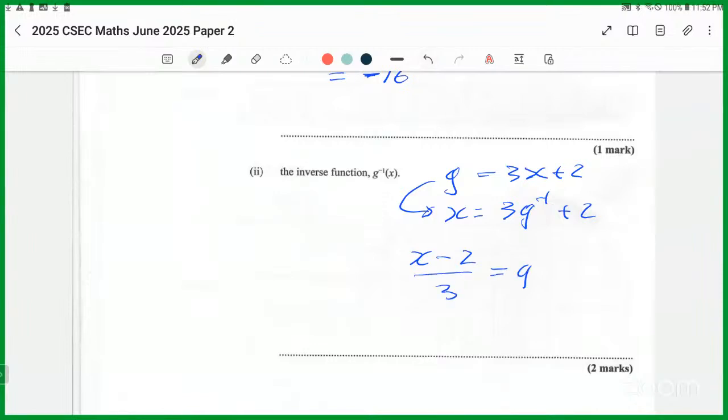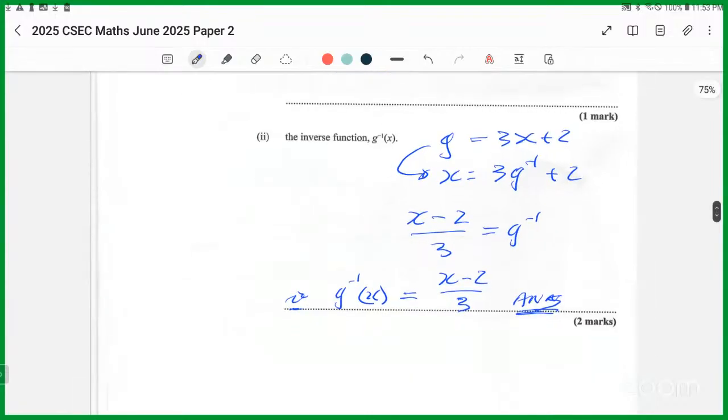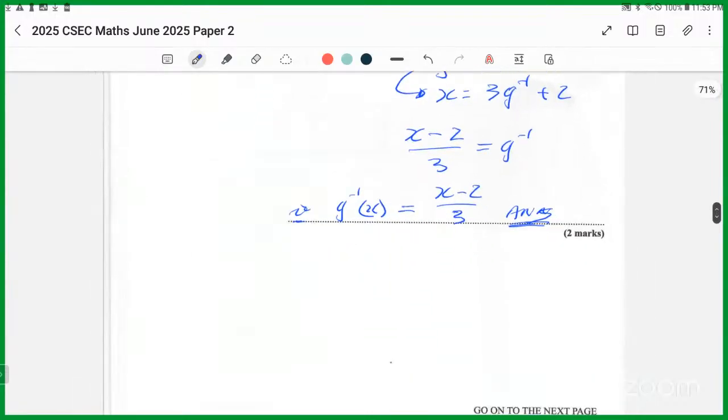This is g to the minus 1. So we can write the final answer here. g to the minus 1 of x is x minus 2 over 3. That is the answer. Nice and easy. This is an easy paper so far.